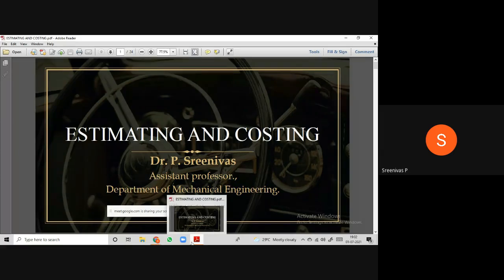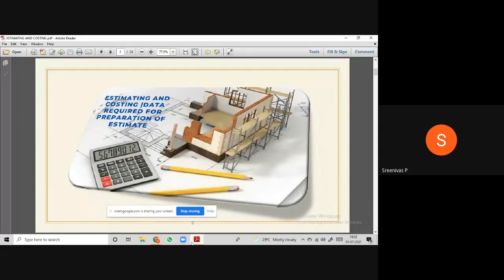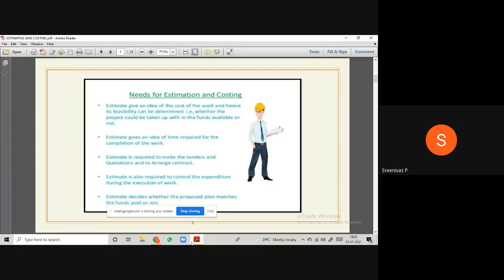So, estimating and costing. Even if you take some components, we can estimate it. For example, labor cost, material cost, expenses cost, and some overhead cost will be there. So I will tell one by one. So what is the purpose of this estimation?